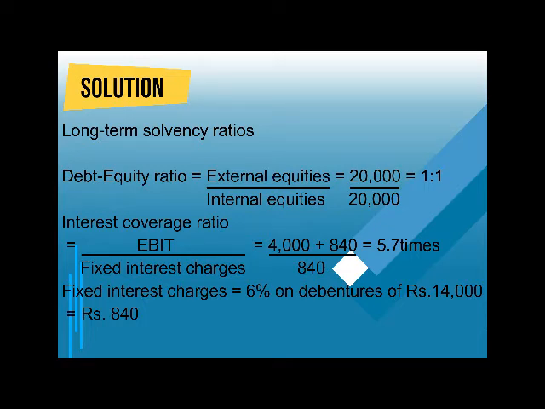Interest coverage ratio equals EBIT divided by fixed interest charge, equals 4,000 plus 840 divided by 840, equals 5.7 times. Fixed interest charges equal 6% on debentures of 14,000, equals 840.